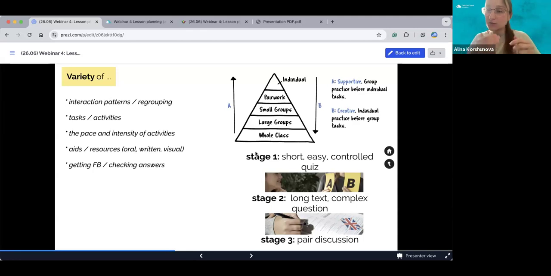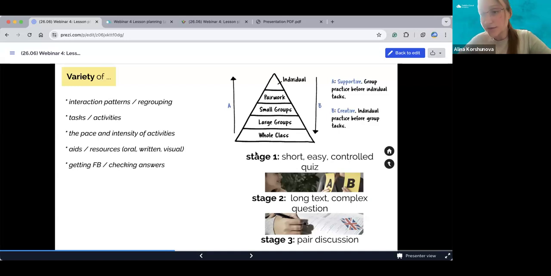You don't only change the types of tasks, but you change the intensity of these activities. Something difficult, then something easy. Then again, we can do something more difficult like reading or writing. So make sure that you give different activities to your young learners.